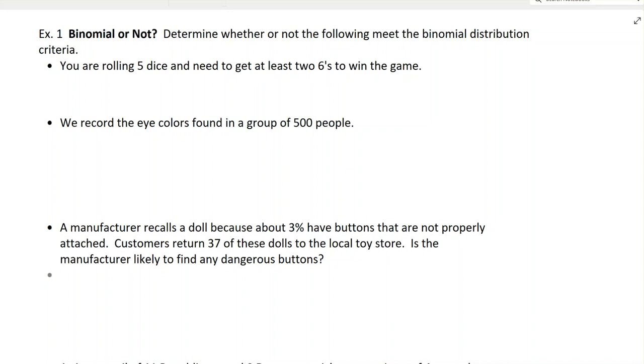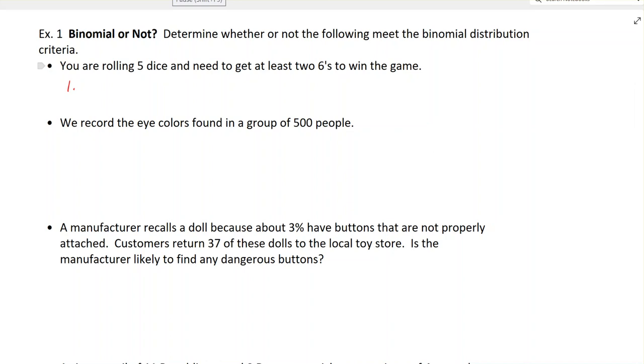Now the first requirement of the 4 that were listed above is that our experiment has a fixed number of trials. So if we're looking at this, I would ask you, how many times do we get to play the game? Well, if you're reading that sentence right there, it's not really stated how many times we get to attempt to roll the 5 dice to get the 2 sixes.